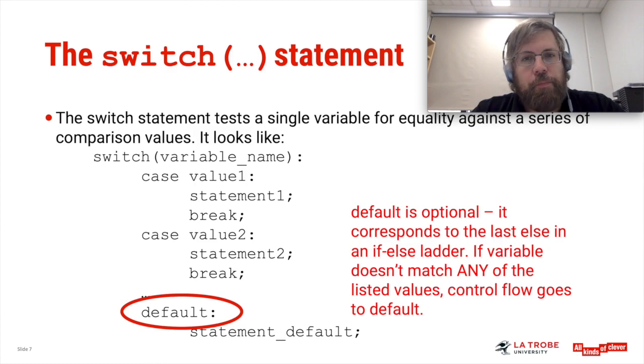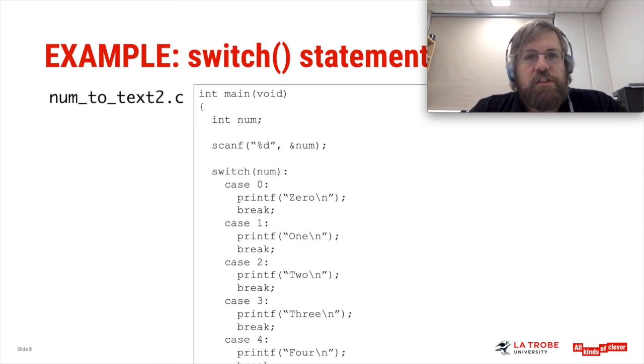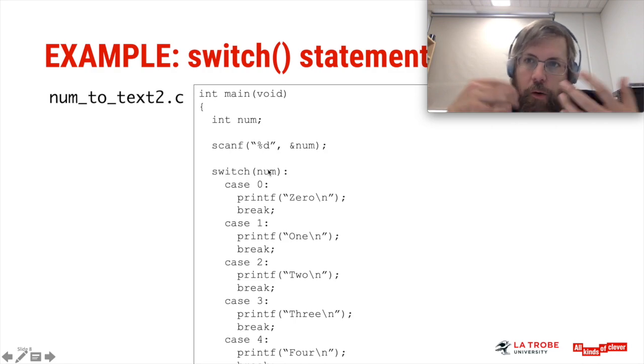Okay. So here's the switch statement, the program that we talked about with the if-else ladder rewritten to use the switch case statement. So we have an integer num. We read num in from the keyboard. We switch based on num. That's how I like to think about it.